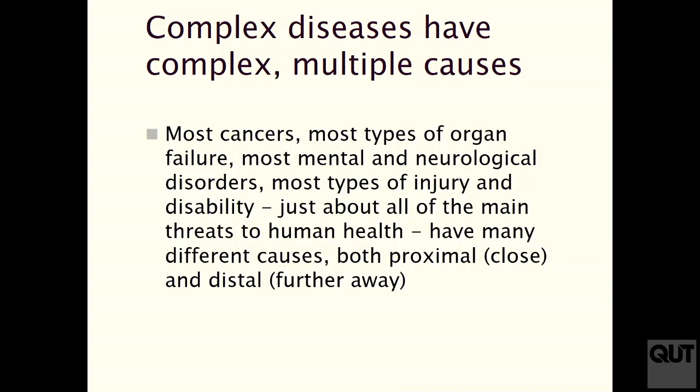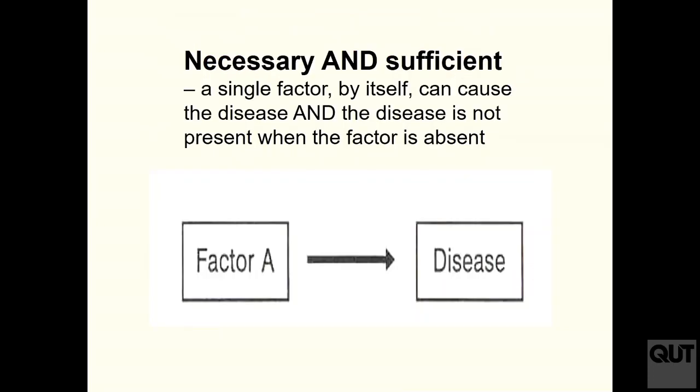Now, these examples are discussed in the Gordis Epidemiology book. Sometimes we have a situation where a single factor by itself can cause a disease and the disease is not present when the factor is absent.